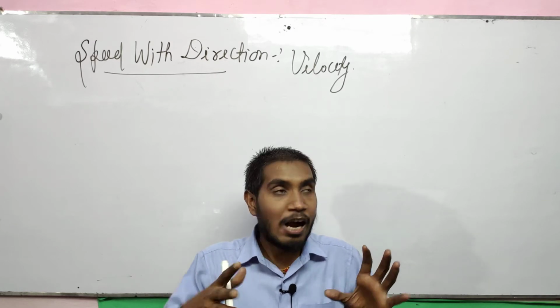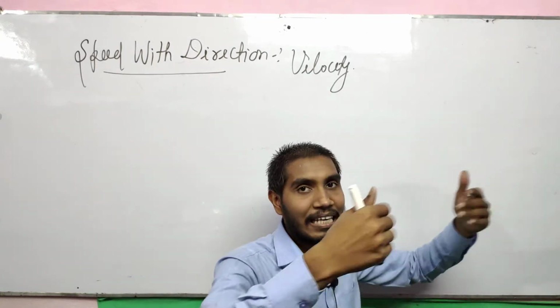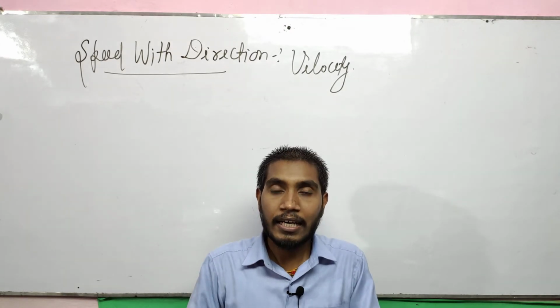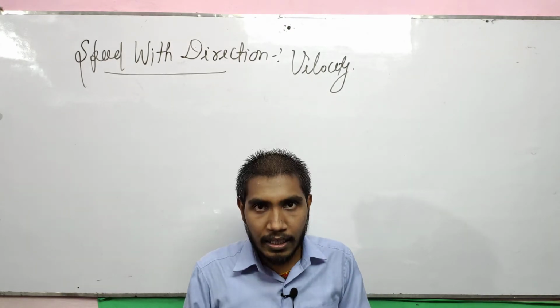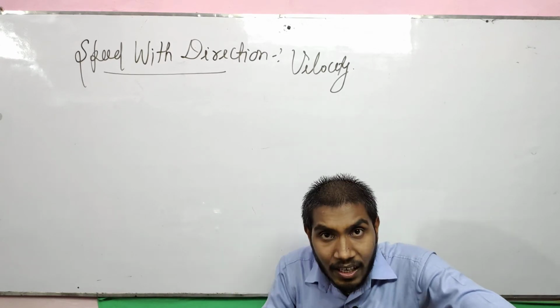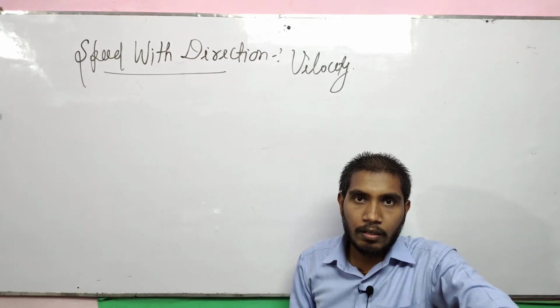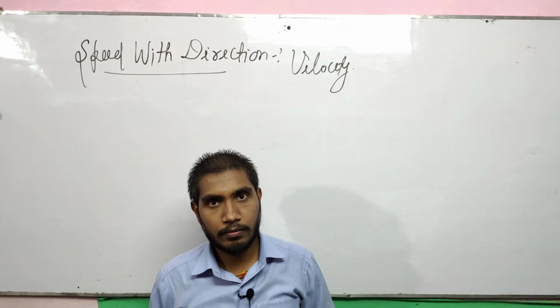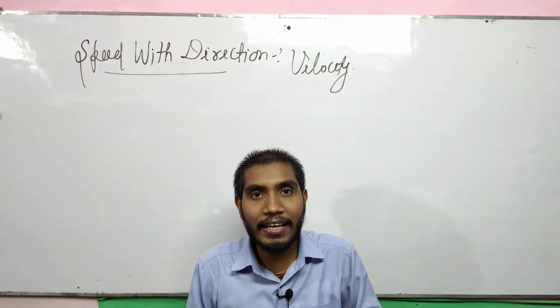Understood? How much distance have I covered? 10 meter, 20 meter, 30 meter. It can be determined by my speed. But what is my position?